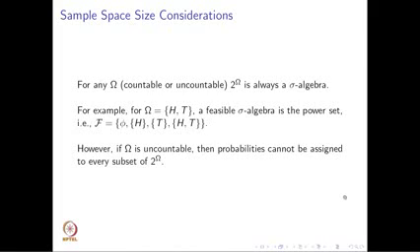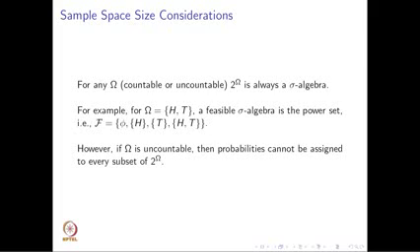So, just to recap, if the sample space is finite or countable, then we can ignore the concept of sigma algebra, because in such a scenario we can consider all possible events, that is the power set of the sample space, and meaningfully apply probabilities to each of these events. However, this cannot be done when the sample space is uncountable. That is, if omega is uncountable, then probabilities cannot be assigned to every subset of 2 to the omega.